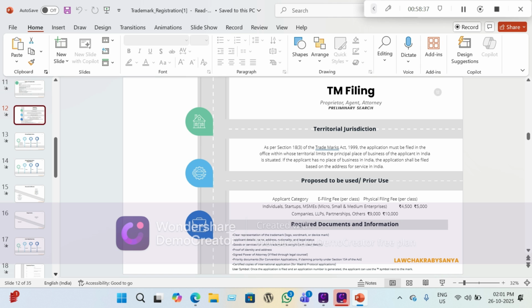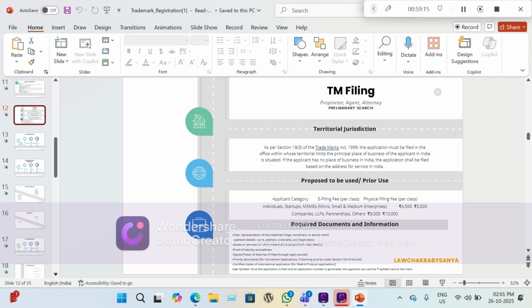So if there is any other mark that is already registered or applied for, which carries those designs or shapes or kinds of logo that your client is trying to get registered, then there will be an objection from the registrar. So you'll have to run a Vienna codification search also. Again, you'll find it on the public search option in ipindia.gov.in.